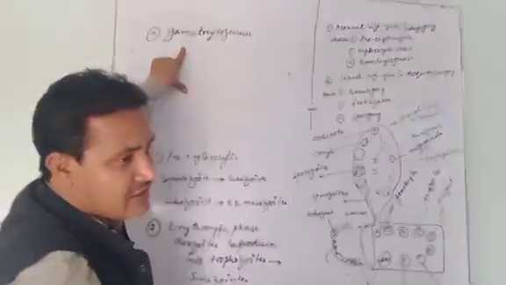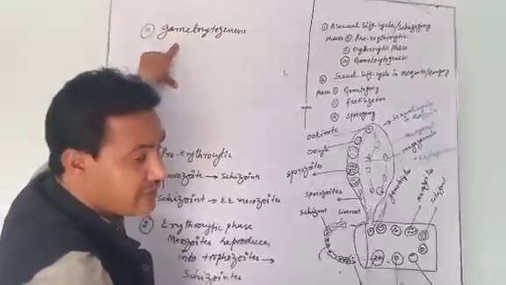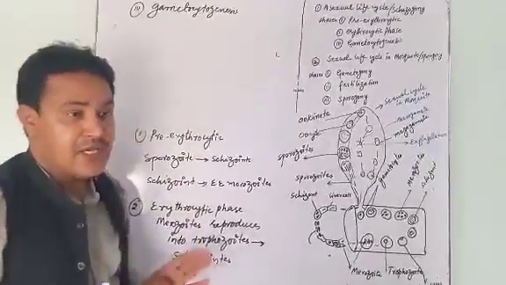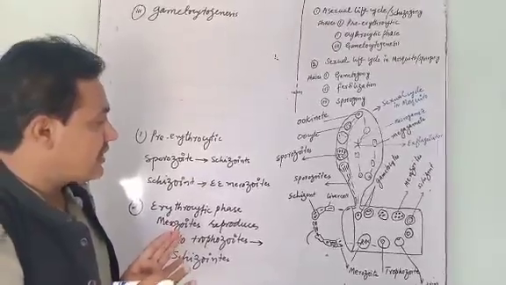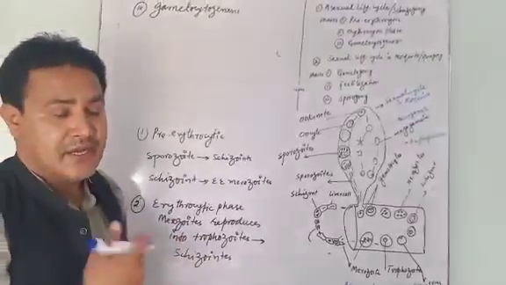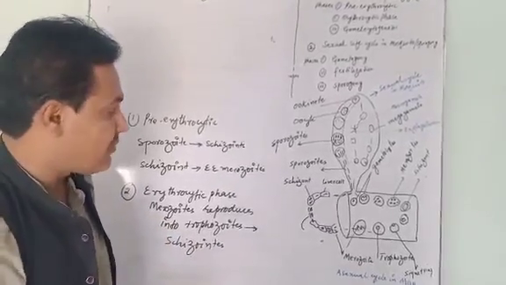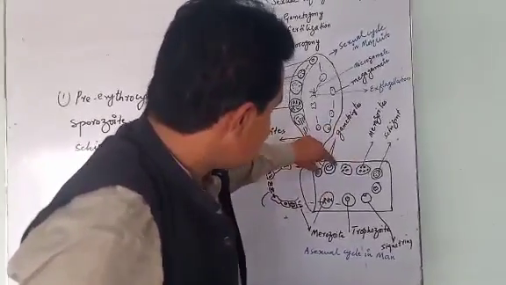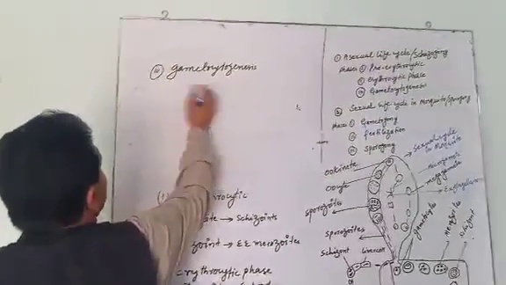Now here gametes are formed. Here the micro and macro gametocytes are formed. These two are called gametocytes. When gametocytes are formed, that stage is called gametocytogenesis.